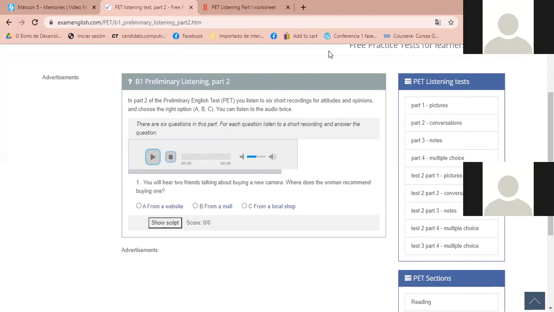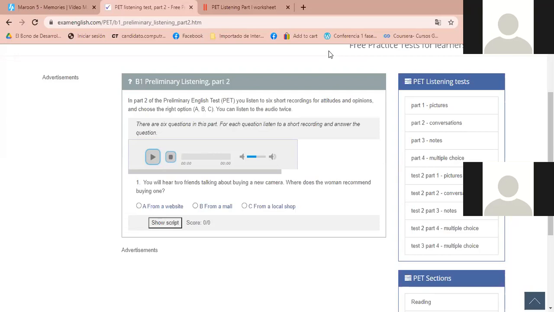Es decir, que ustedes pueden tomarse 1 minuto para leer las 6 preguntas y ya tener una idea de lo que ustedes están buscando en el audio, ¿sí? Entonces, en este caso vamos a tener un audio mucho más largo, a bigger record, and we will answer 6 questions, 6 comprehension questions. And once again, we have A, B, or C, okay?